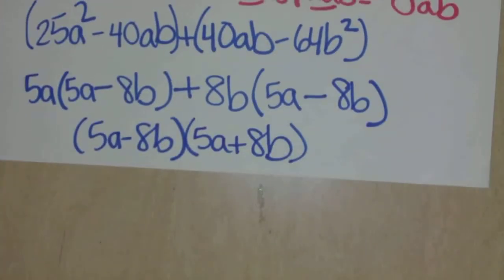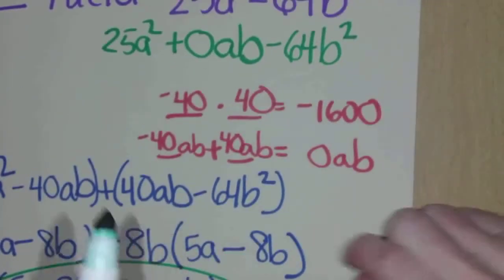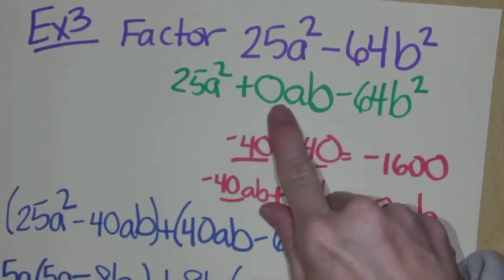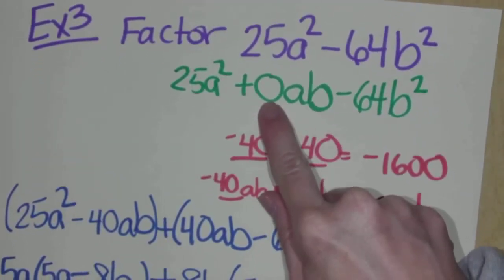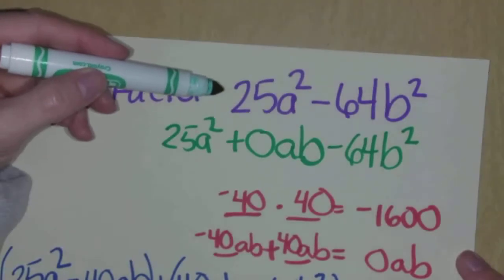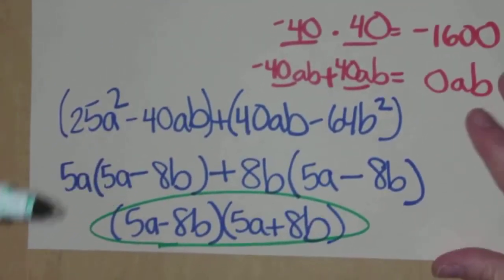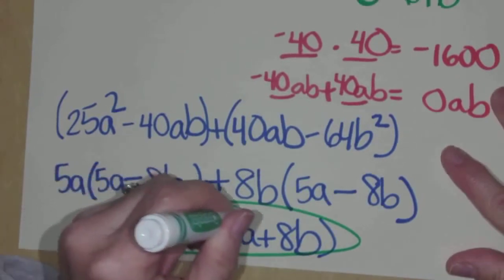Okay, now actually checking this problem is going to verify why I needed to put ab with my 0 here. The truth of the matter is, the only way you're going to get back to a 25a squared when you're checking is if you have a times a.